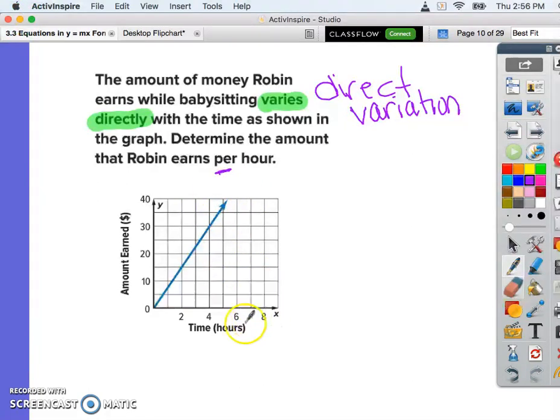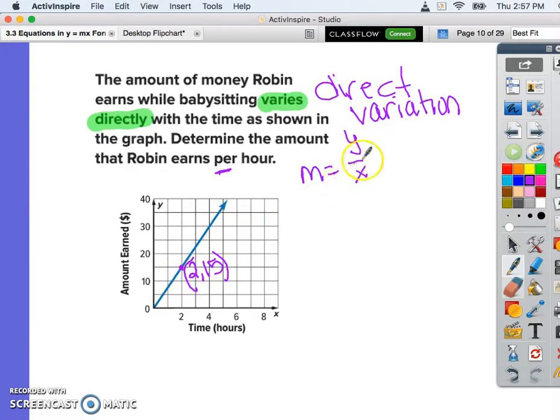Remember, your m is going to be your y divided by your x. Here I need to find a point and do the y divided by the x. For this point, x is 2, and y is halfway between 10 and 20, that would be 15.